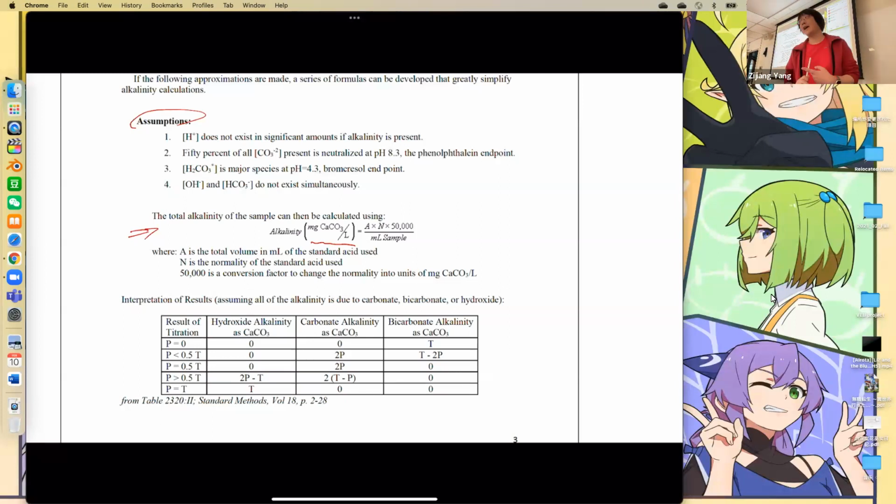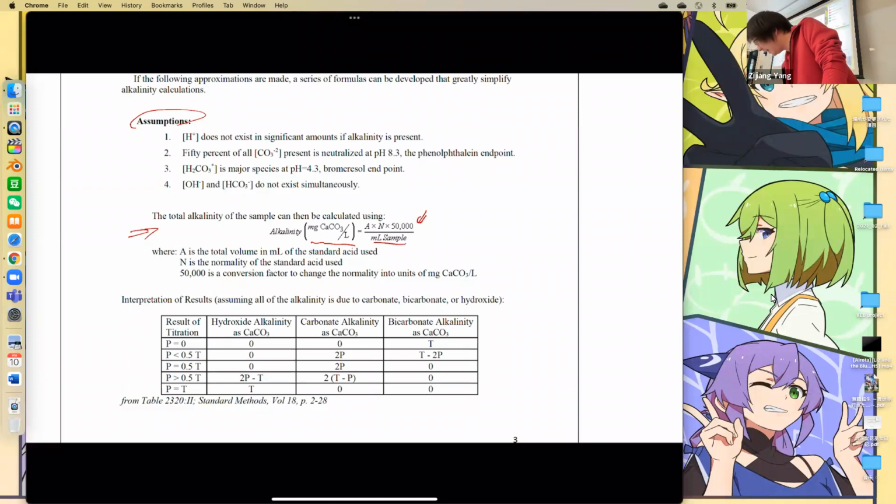So when we are reporting alkalinity, we just convert everything to calcium carbonate in milligram per liter. I think the reason is that in industry, calcium carbonate is very common, so they use this as a unit. And this can be calculated by A times N times 50,000 divided by the volume of our sample.